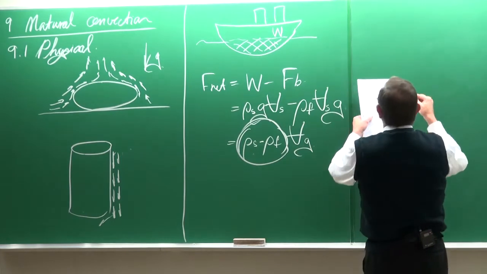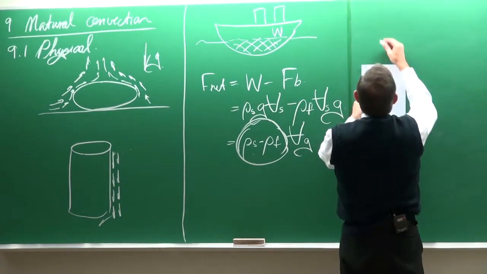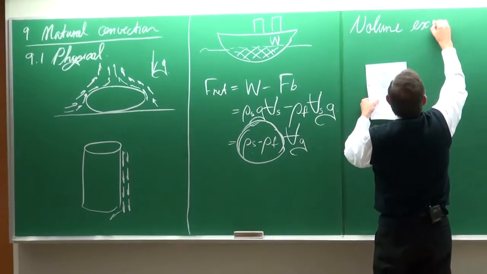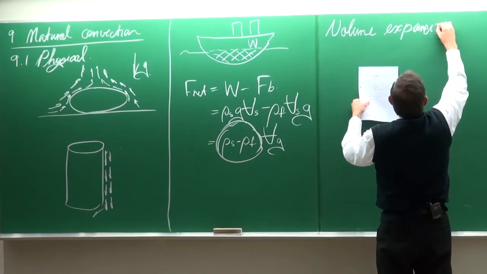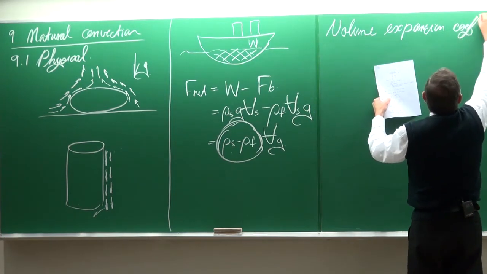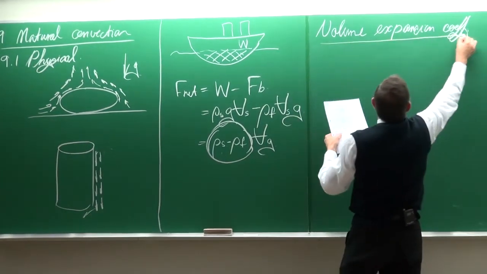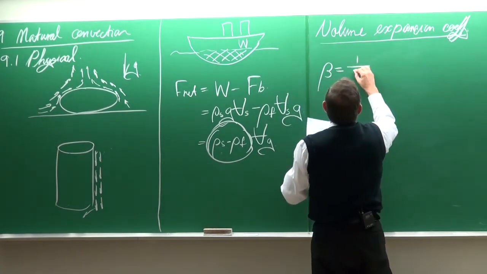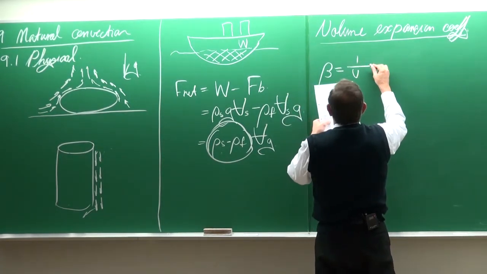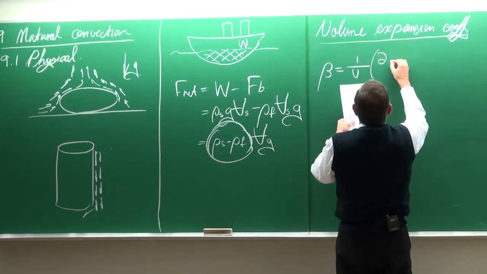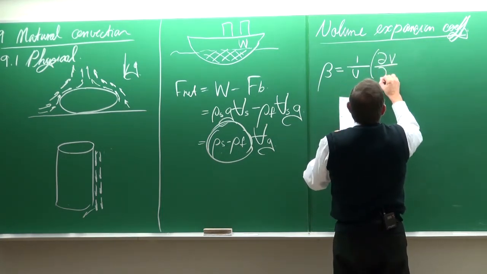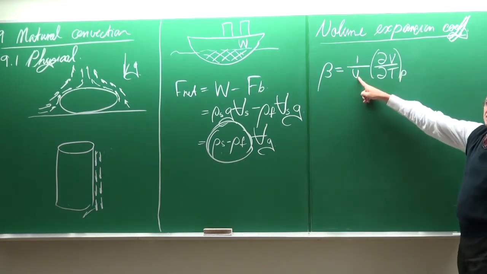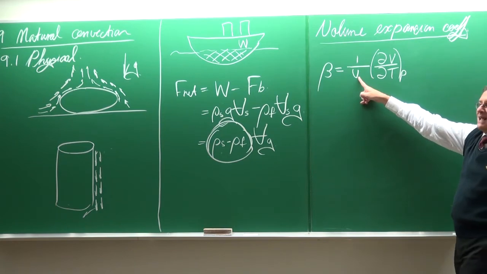And this is being done with the so-called volume expansion coefficient. The volume expansion coefficient is equal to beta, and it is equal to 1 divided by the specific volume multiplied by the partial dv/dT at constant pressure. Now 1 divided by the specific volume is the density.